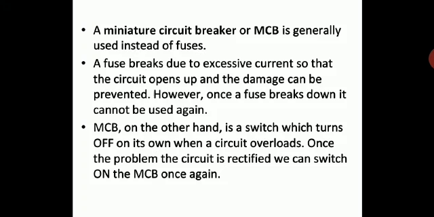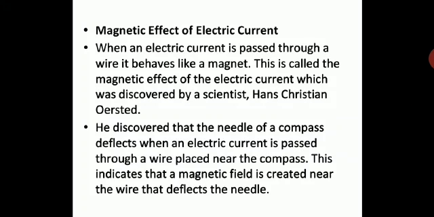That means you can use it again, whereas the ordinary fuse is only one time use. So MCB has a very good advantage over the ordinary fuses which we used earlier. Now let us see a very important concept over here.